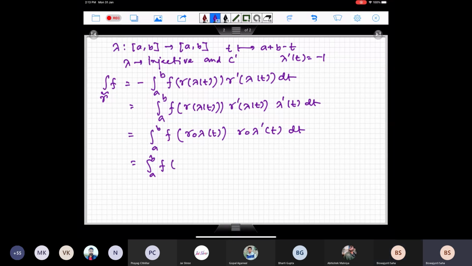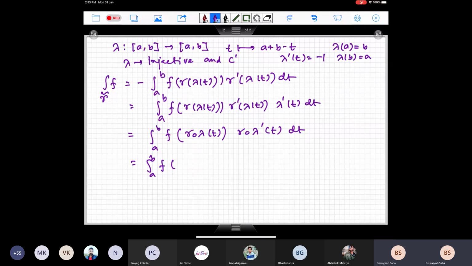So when I take the change of variable, we have seen that lambda of a is equal to b and lambda of b is equal to a.